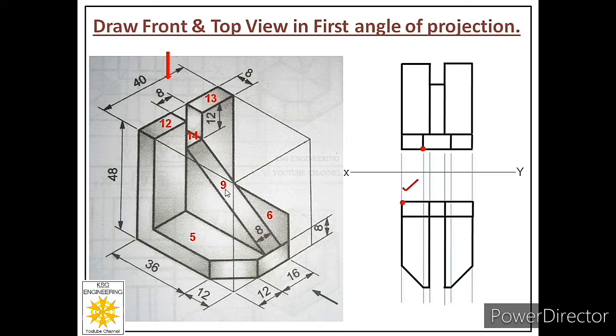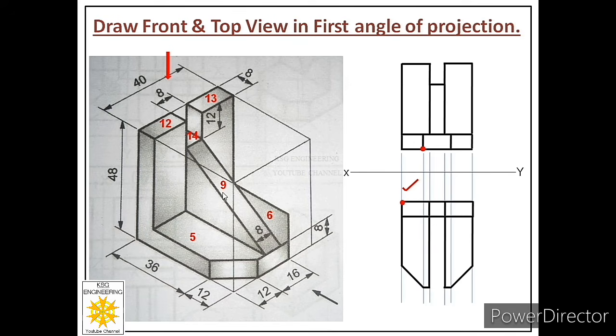Now you can see the benefit of drawing the parallel faces first. Look over here. In order to plot face number 9, we will see how many points are there. There are 4 points: 1, 2, 3, 4. Out of these 4 points, 2 are already plotted. You can see these 2 points. In fact, this length of face 9 is already plotted here.